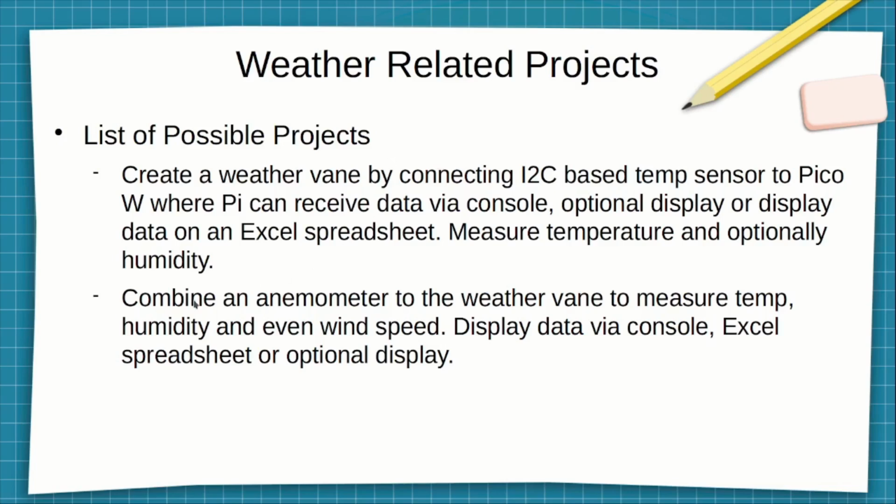And of course, you can also combine an anemometer with the weather vane to measure temperature, humidity, and wind speed. And again, you can do the same thing to display data by using the console, spreadsheet, or an optional display.